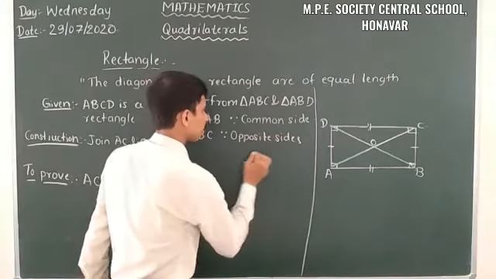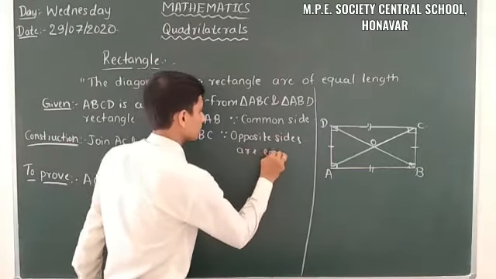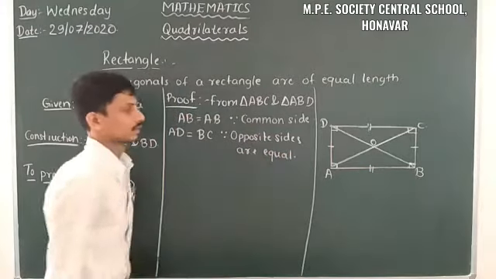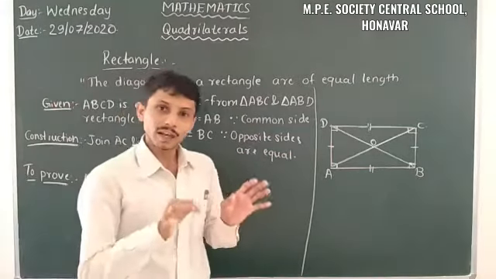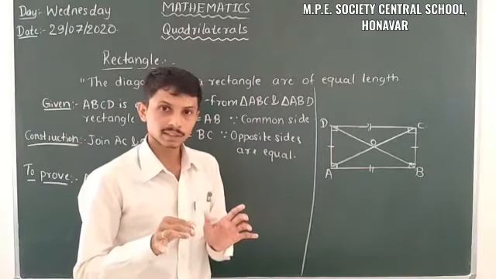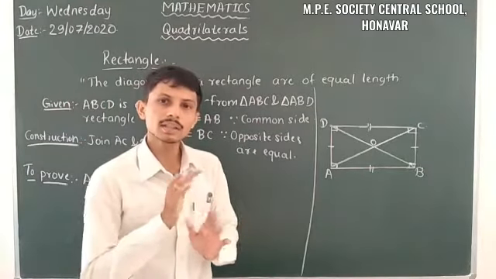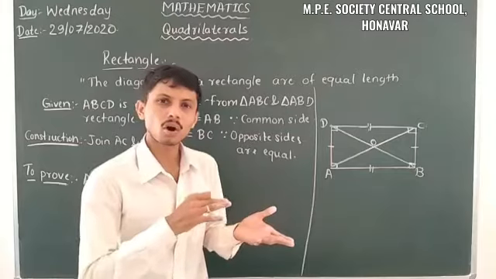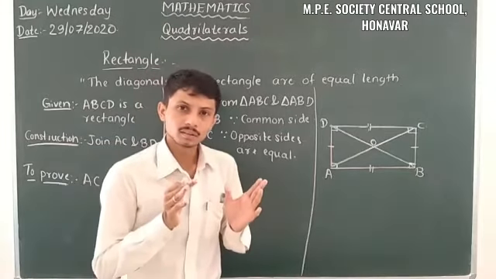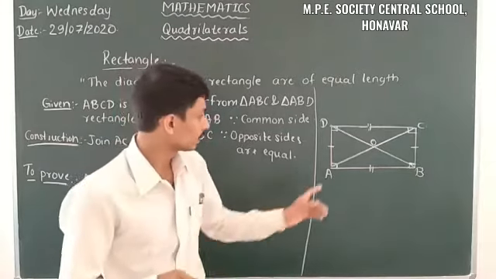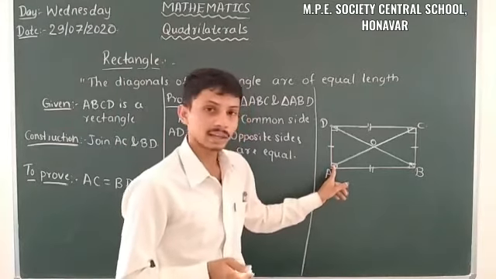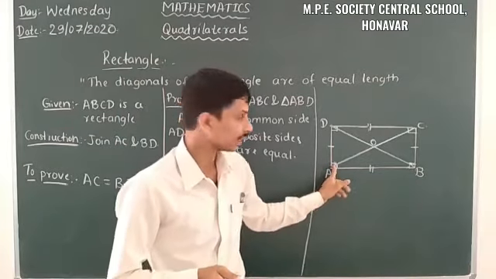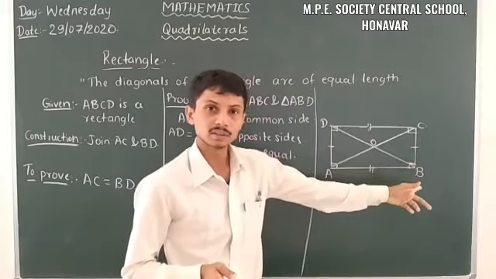Again we have the property of rectangle, that all the angles of a rectangle are equal. Here angle A is equal to 90 degrees, angle B is equal to 90 degrees.